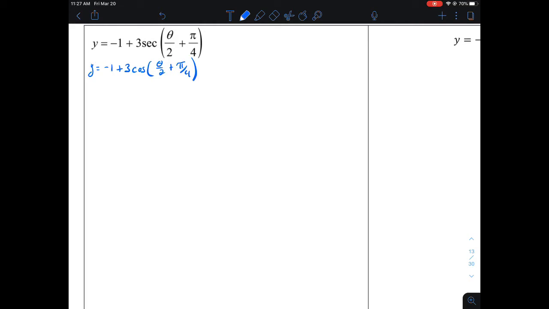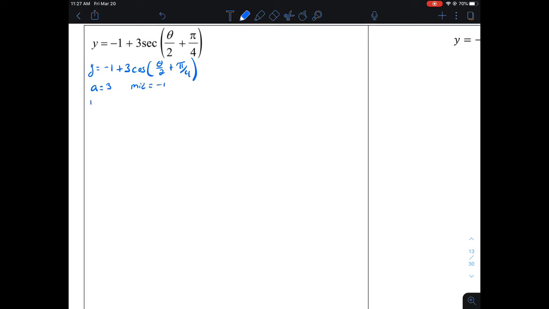So the amplitude of cosine, secant and cosecant, they don't have amplitudes, and we don't necessarily refer to anything as their midline. So all this amplitude midline stuff is for the cosine function. So amplitude is 3, midline is -1.